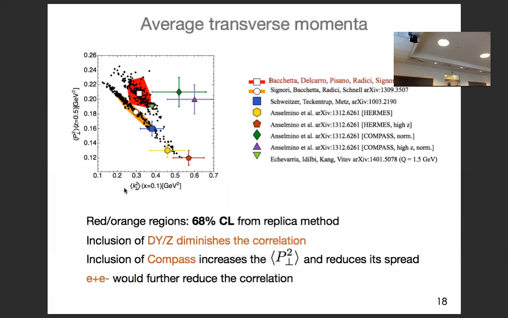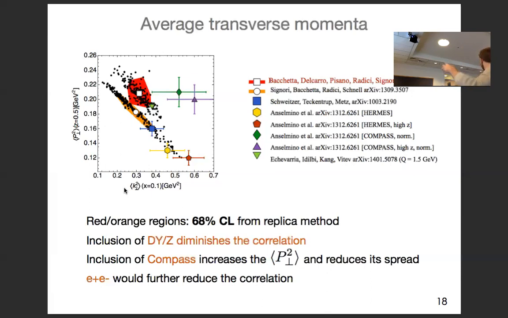This is, let's say, the correlation plot between QT squared and PT squared, together with previous analysis of the same variables. The red region is our fit. As you can see, the inclusion of Drell-Yan and Z with respect to the other studies in this figure diminishes the correlations.